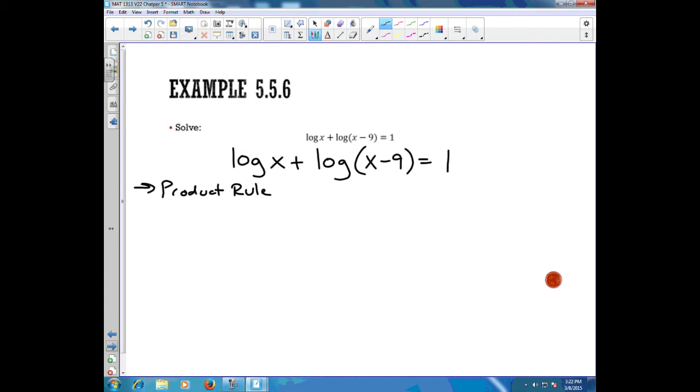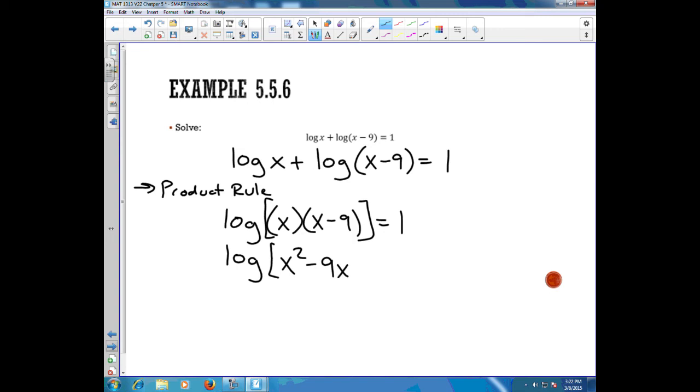If we have two logs added together, we can rewrite them as multiplication. So x times x minus 9. And so what that's going to give us is log x squared minus 9x equal to 1.